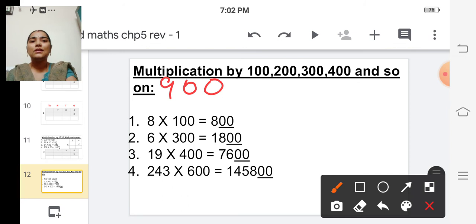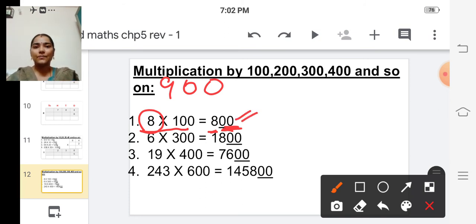Okay? See, first one, 8 into 100. So we have to write the number 8 and put 2 zeros at the end. That's the answer. Okay children, since 100 has 2 zeros, we have to put 2 zeros at the end.